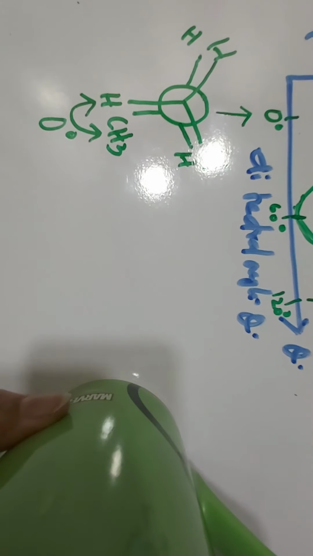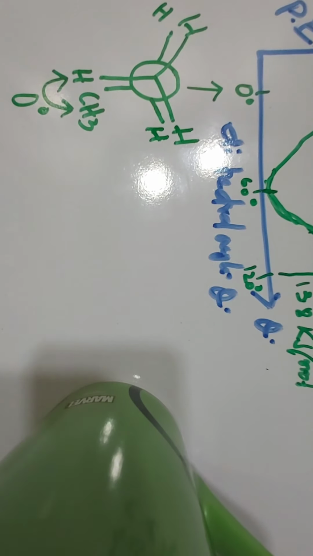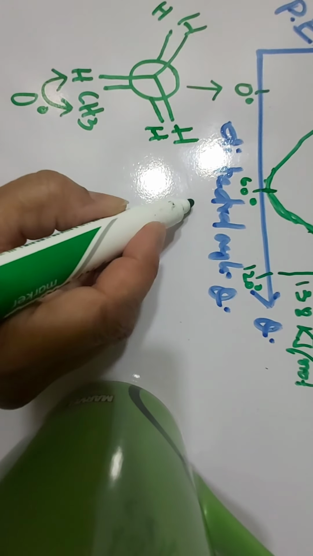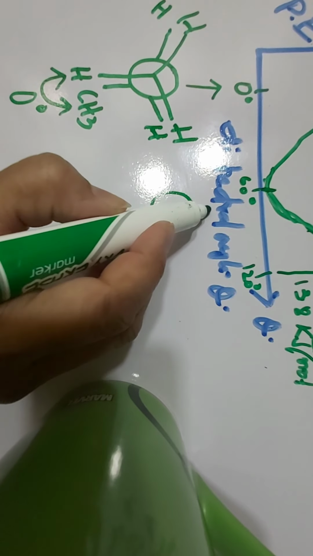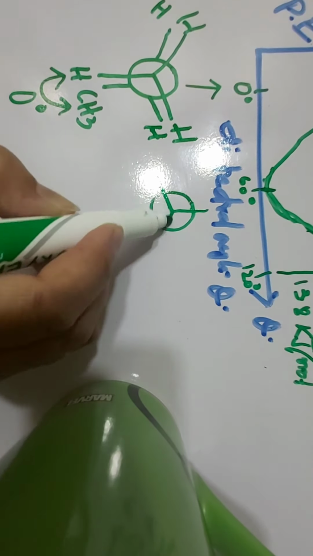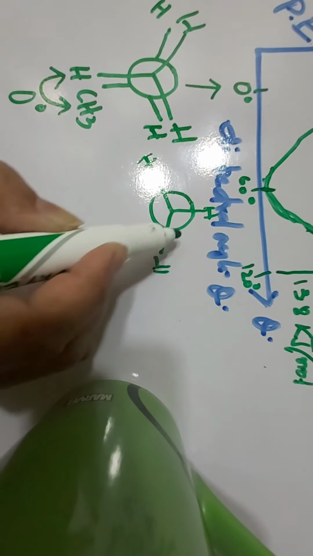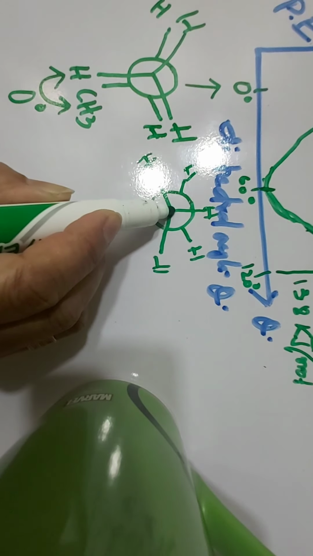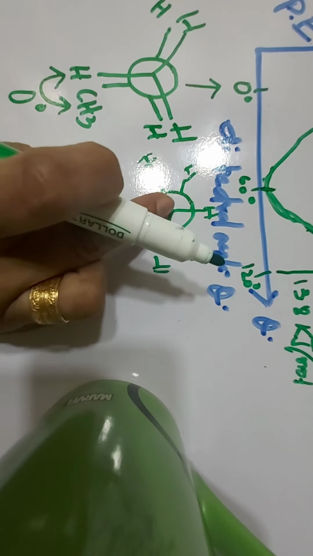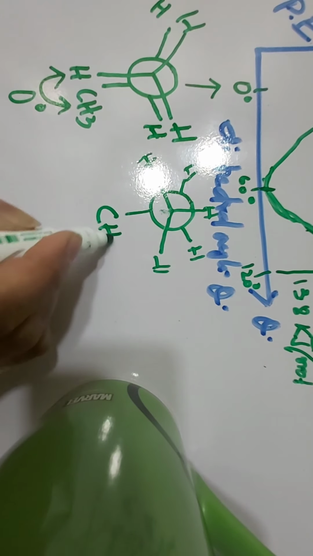Whereas at 60 degrees, when the carbon bond rotates to 60 degrees, what happens? CH3.